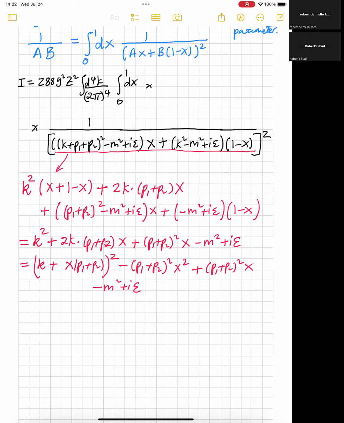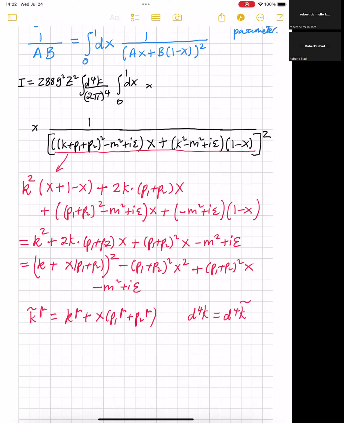Now, remember, we are integrating d4k. So let's now change variables. Let's change variables to k tilde mu, and k tilde mu will be equal to k mu plus x times (p1 mu plus p2 mu). If we make this change of variables, then because k and k tilde just differ by a constant shift, meaning the amount that we're shifting by does not depend on k, that means that d4k will be equal to d4k tilde.